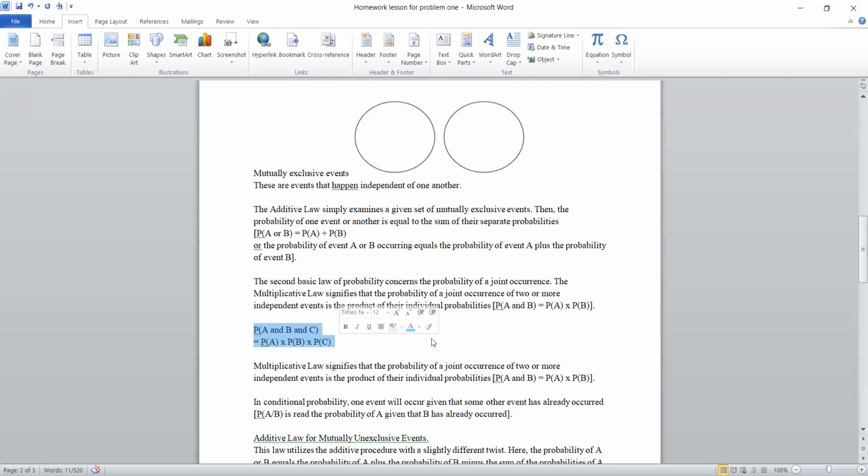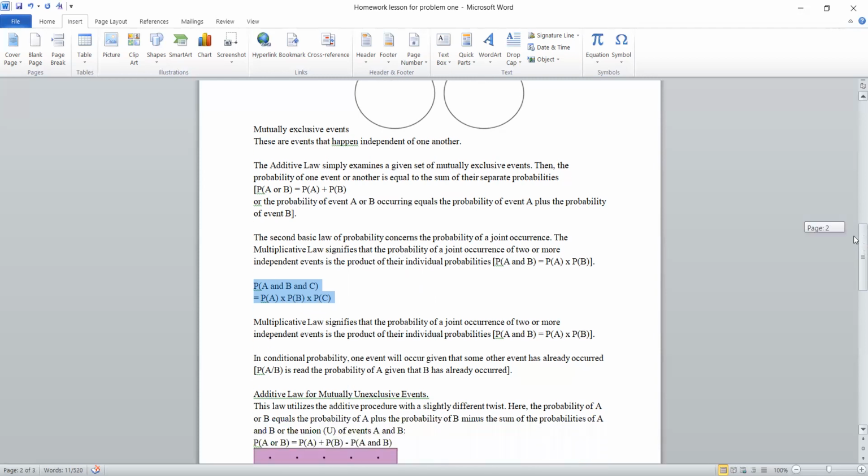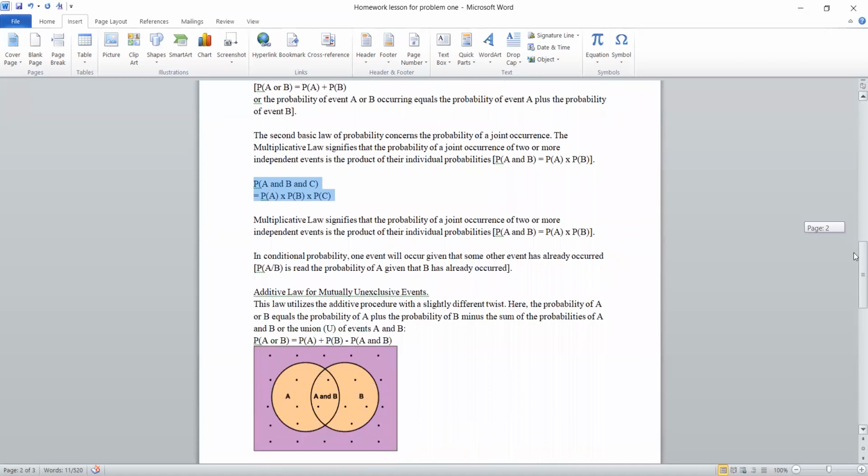What are the possibilities that I pull a jack, a queen, and a king out of a deck of cards? Okay, and here we have calculating those. And again, I'll go over a little bit on calculations in another video. I just want you to understand the concepts.